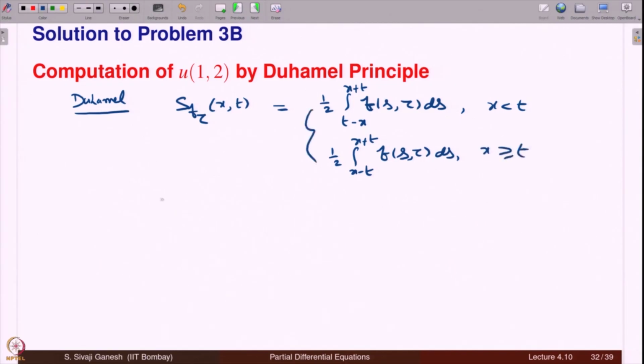This is S f tau. Then u, the solution at x t, the non-homogeneous equation solution, is given as a superposition of these S f taus, S f tau of x comma t minus tau, d tau.